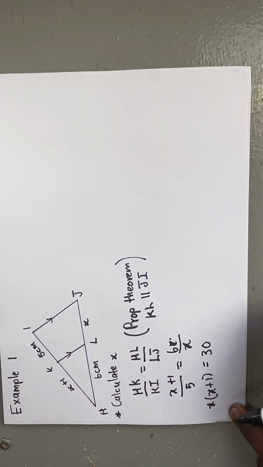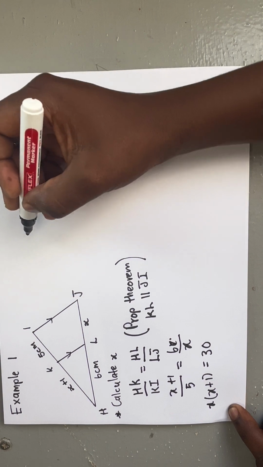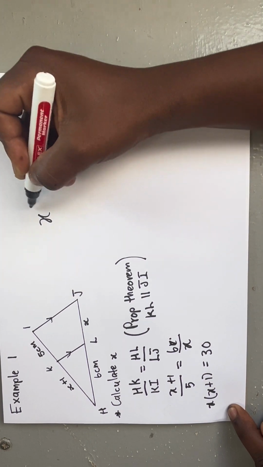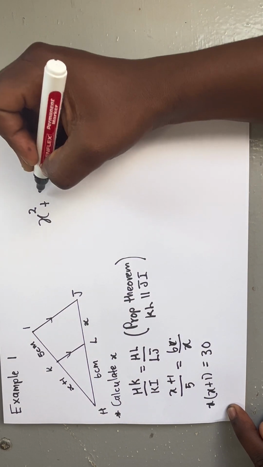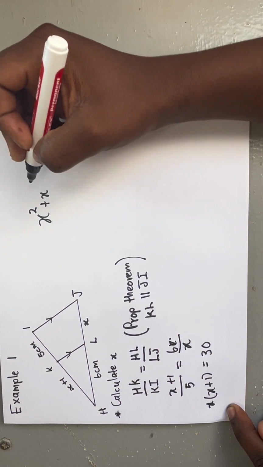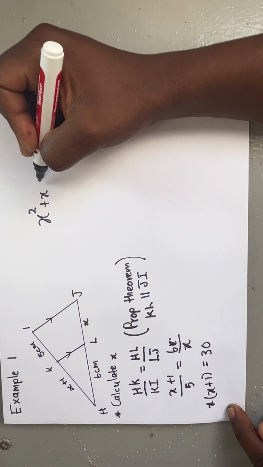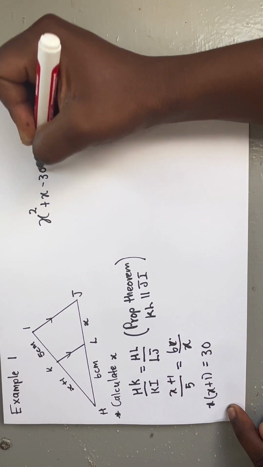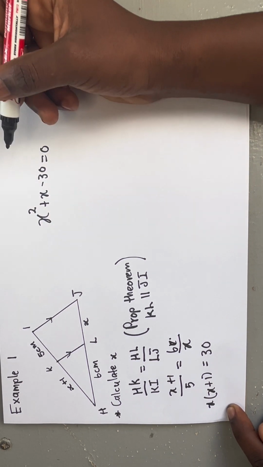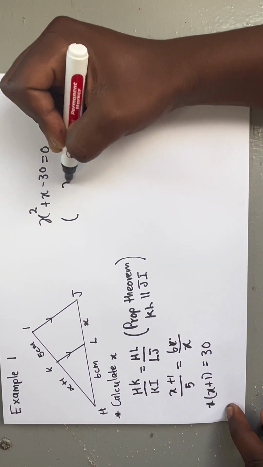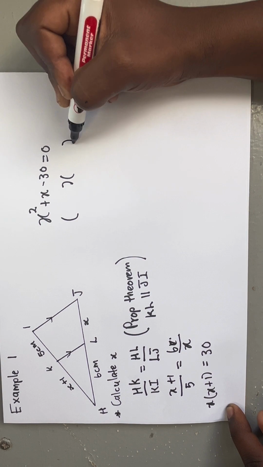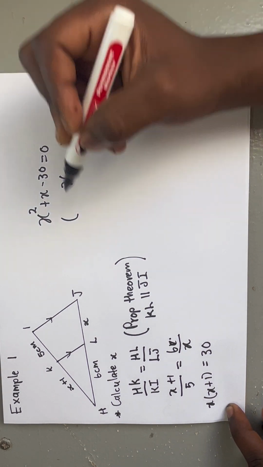So now let's continue. x multiplied by x is going to give us x squared, plus x multiplied by 1, which is x, right? Which is then going to be minus 30, equals to 0. Obviously this is your quadratic, so you're going to open two brackets.